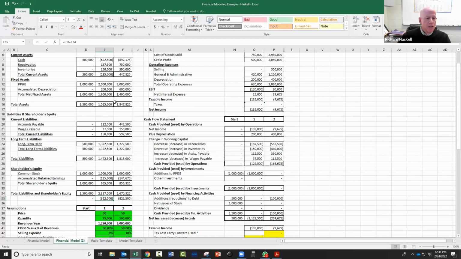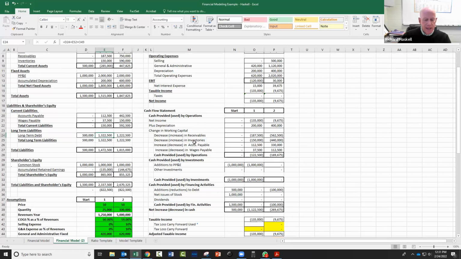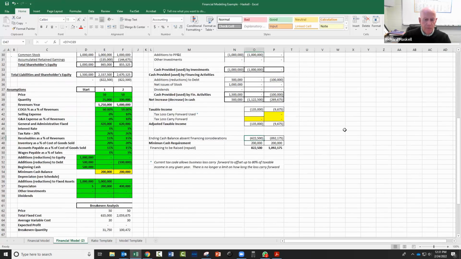Okay? So I go ahead and identify down here in this section how much my ending cash balance would be if I didn't raise any new money during the year. You can do this a little bit differently. I like to do it like this. You must do it so that it balances.